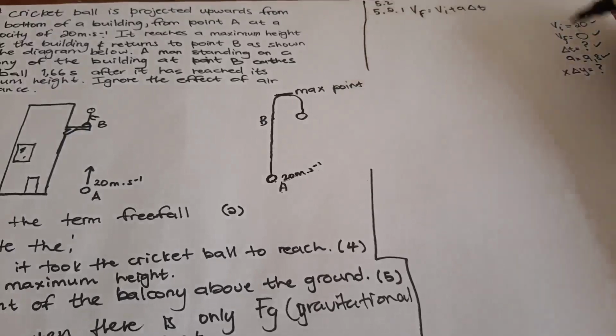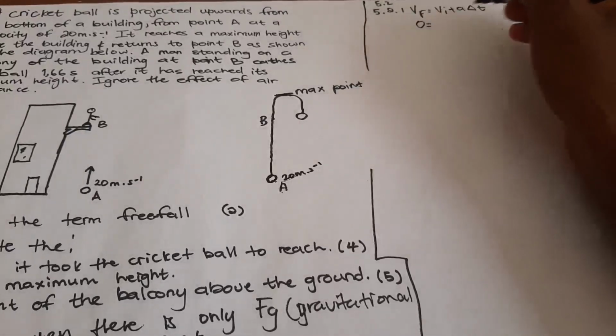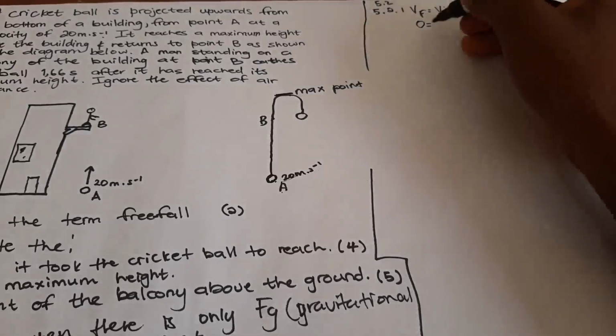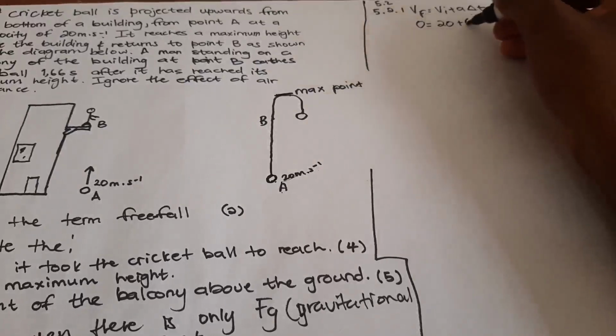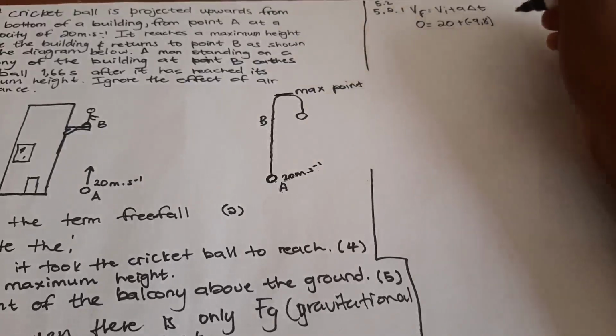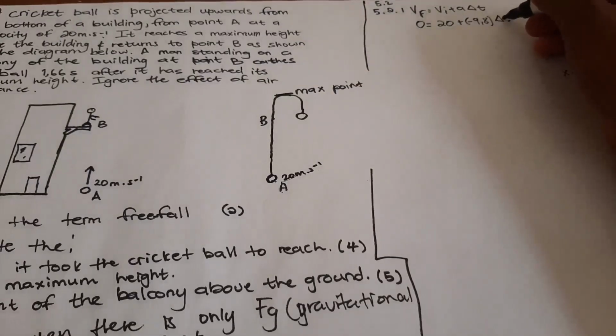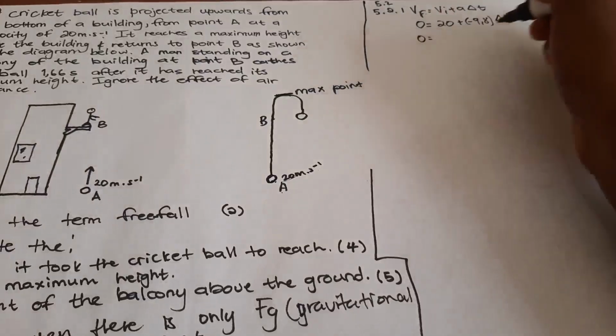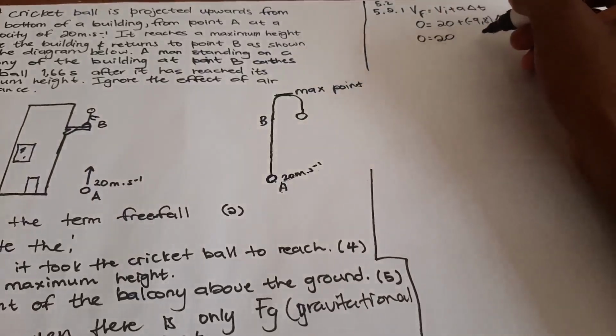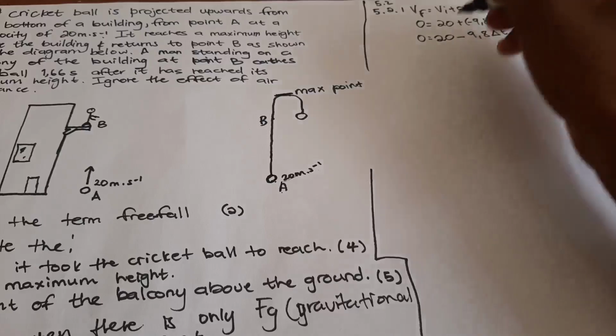In this case, VF equals 0. So 0 equals 20 plus negative 9,8 times the change in time. We don't know the change in time; we're looking for it. So 0 equals 20 minus 9,8 change in time.